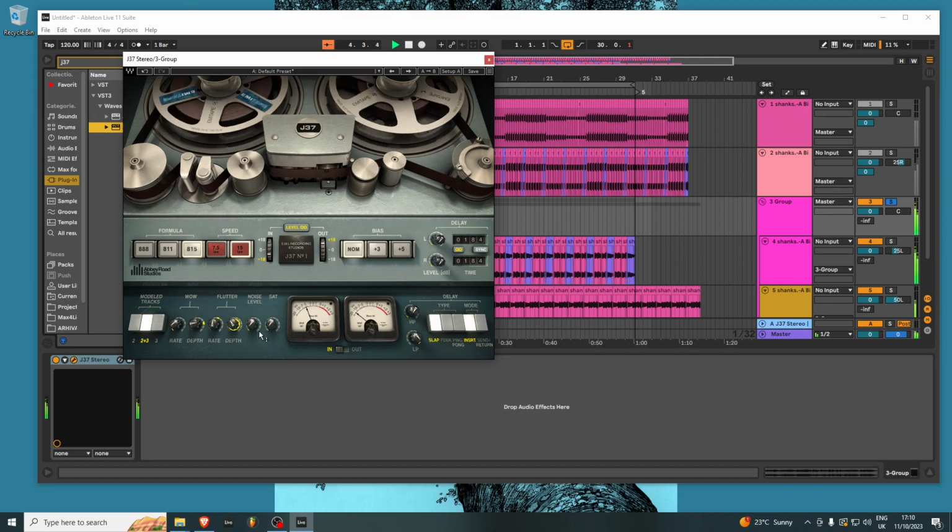Is that plugin that just gives it? It gives it. This could be like an additional movement.